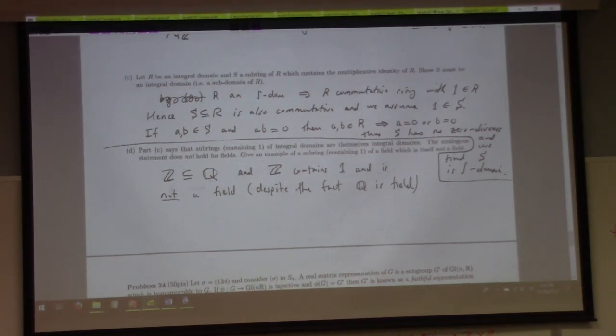All right, so if R is an integral domain, that implies it's a commutative ring with unity. And S, a subset of R, is also commutative. And we assume 1 is in S. And so if A, B are in S, and we put AB equal to 0, that means A, B are in R, which means either A is equal to 0 or B equals 0. Therefore, S has no zero divisors.